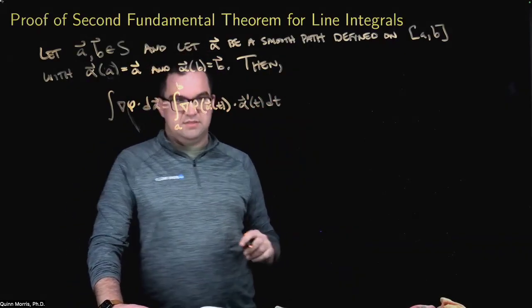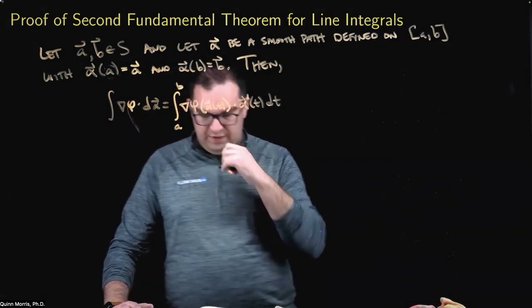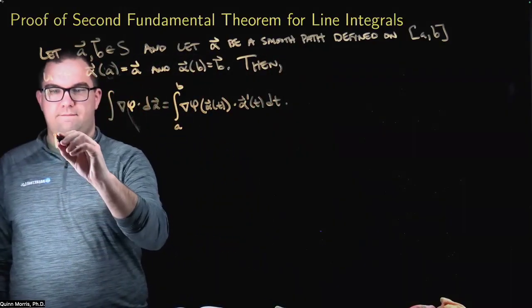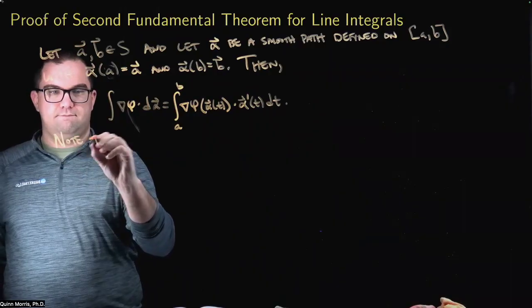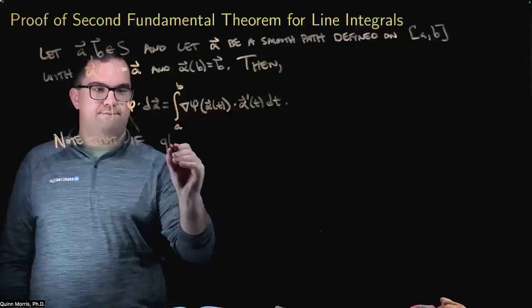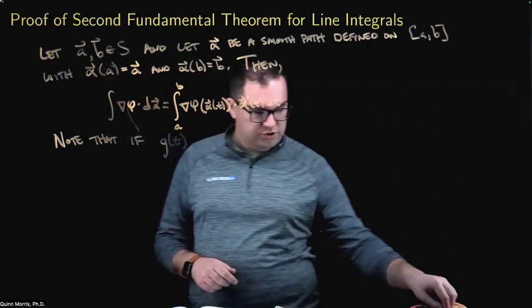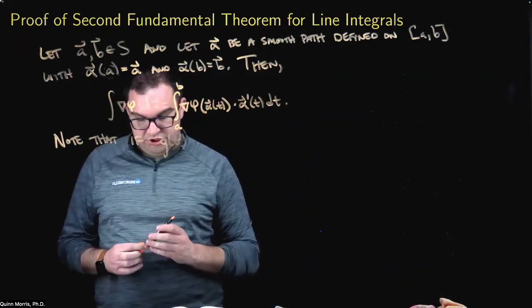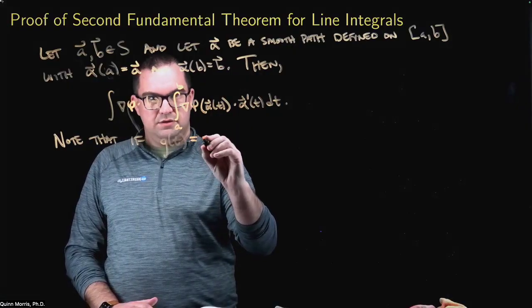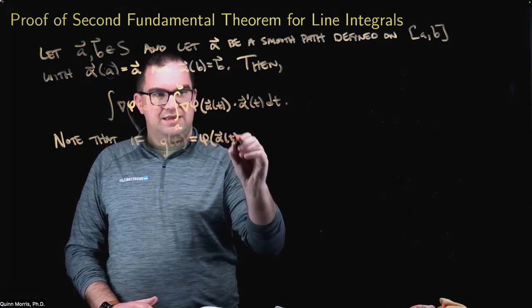Again, this is just the definition of the line integral. And if we note that, I'm going to define an auxiliary function to work with, which I'm going to call g of t, and g of t is going to be defined as psi of alpha of t.